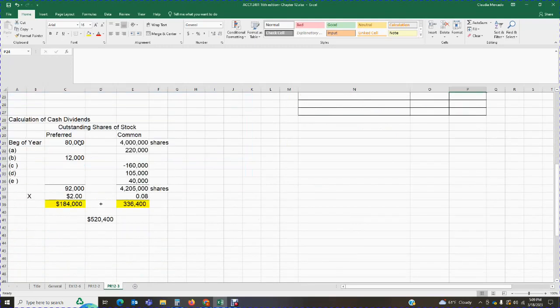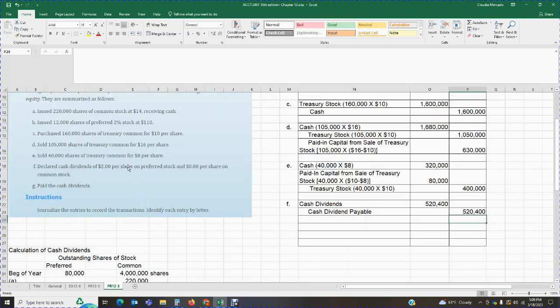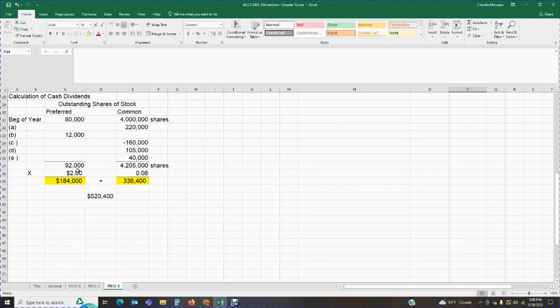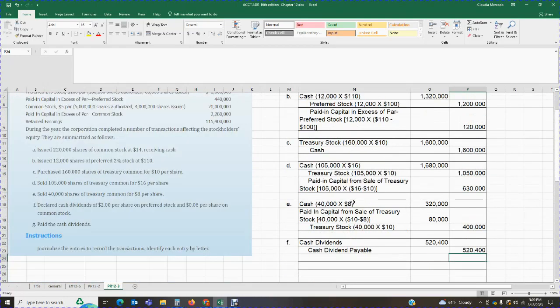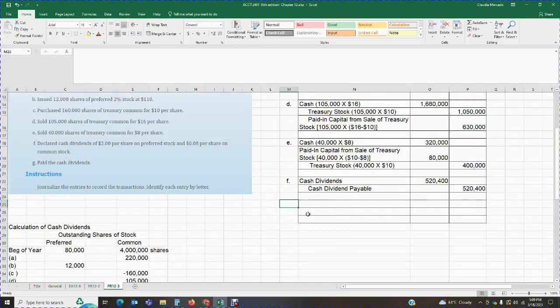Well, we had to aggregate all of our outstanding shares of stock for preferred and common, get the total number of shares, and then multiply by the amounts provided here of how much they were declaring for your preferred or for their common stock. $2 for preferred, 8 cents per common. We multiply that and then we get the amount of the cash dividends. Okay, that is letter F.